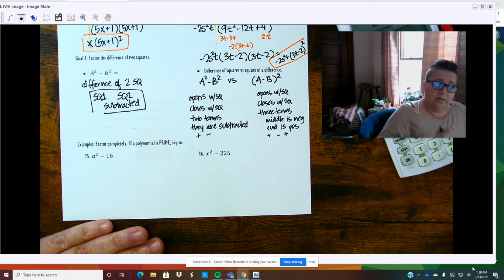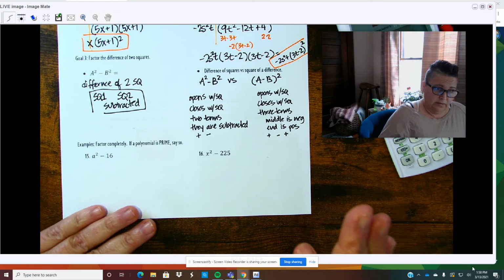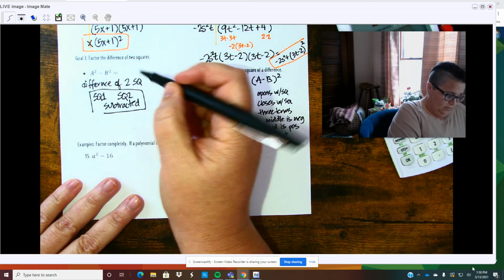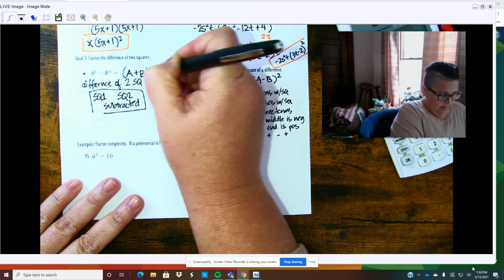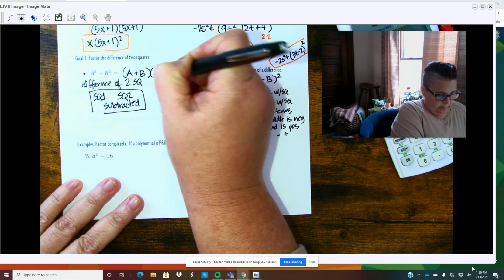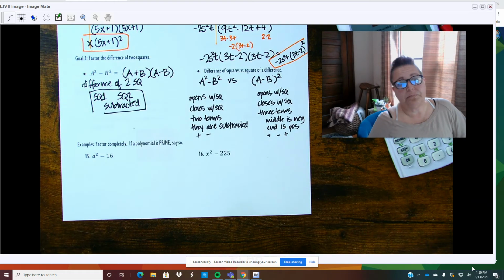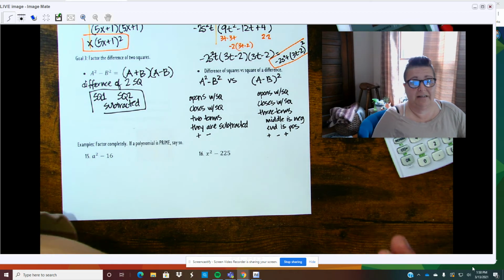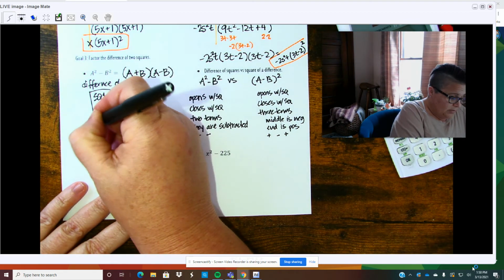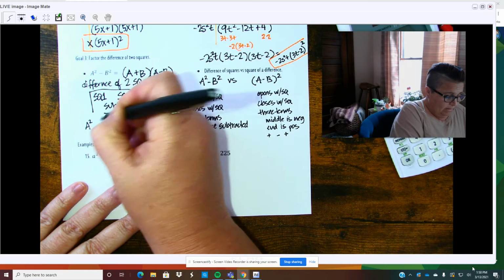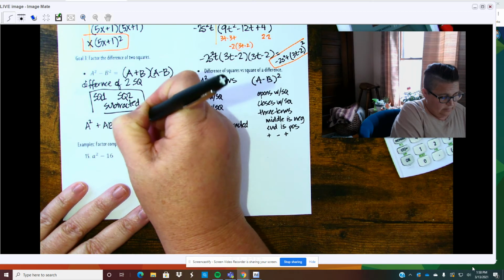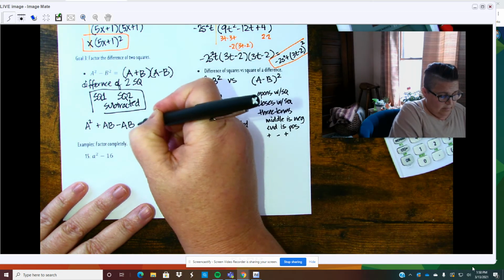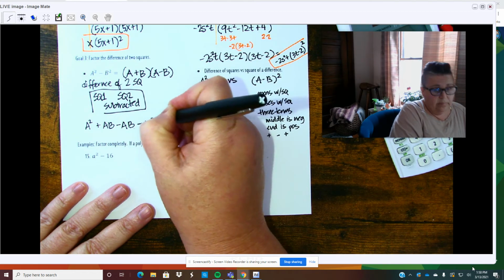So the difference of two perfect squares, what you end up with is an a plus b, a minus b. Since there is no middle term, it needs to cancel. So we end up with an a squared plus ab's minus ab's minus b squared.